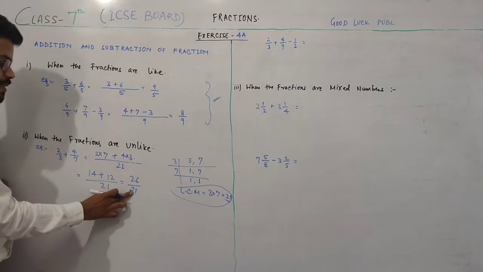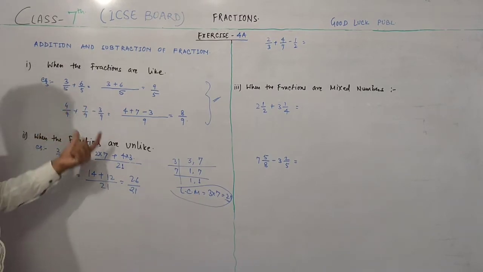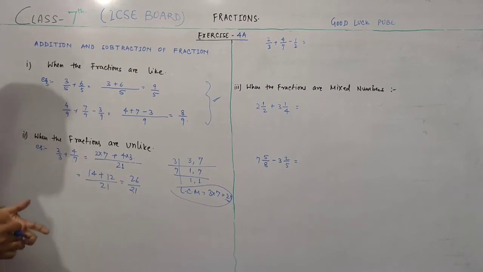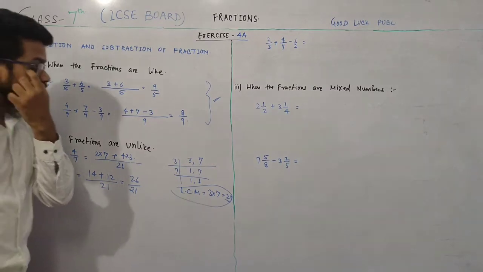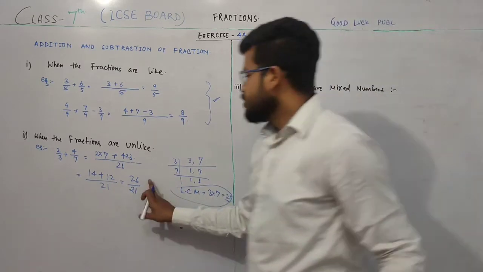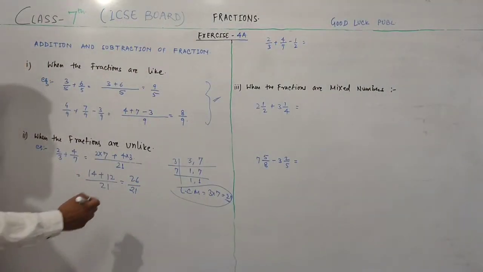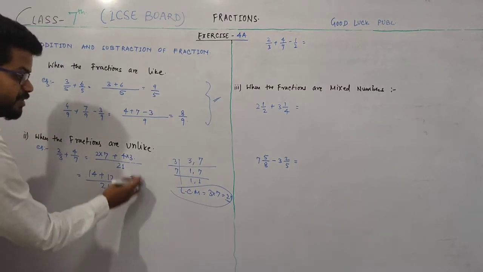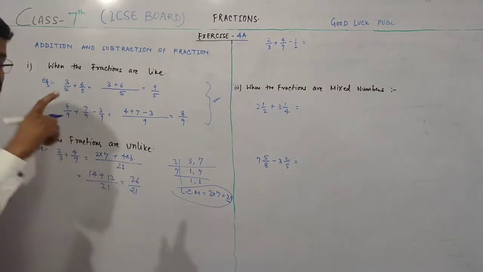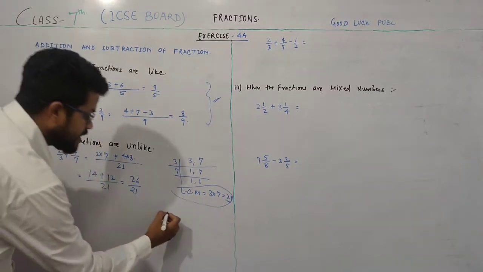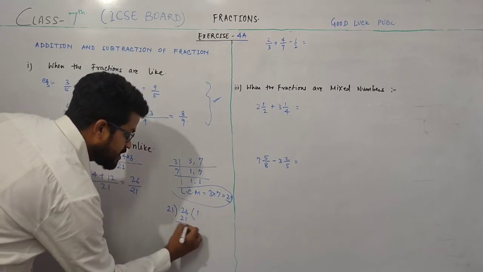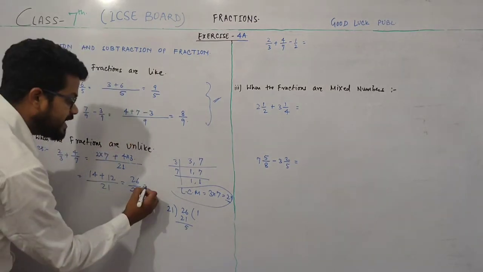This is the addition. Now in case this is an improper fraction, improper fractions are those fractions in which the numerator is greater than the denominator. Here the numerator is greater than the denominator, so you have to divide and write this fraction as a mixed fraction. So I divide 26 by 21. 21 ones are 21, the remainder is 5, so I write the 1 in front.